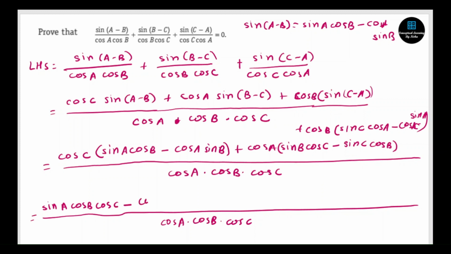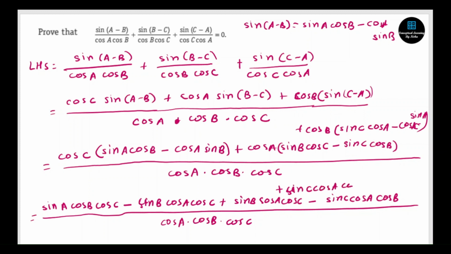Then minus sin B cos A cos C, plus sin B cos A cos C minus sin C cos A cos B, plus sin C cos A cos B, minus sin A cos B cos C. If you see this, we can cancel out the terms and I'll get 0.